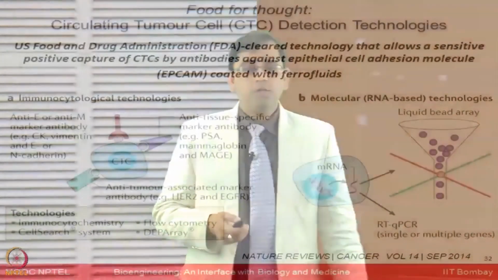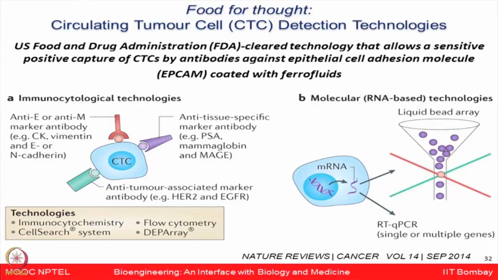I am showing you again from a review article two different approaches here. One is immunocytological technologies, and the second is molecular based technologies, in which, by looking at certain markers, some of the proteins found in these tumor cells and an antibody generated against them, this knowledge could be utilized to build devices which could detect circulating tumor cells ahead of time and much more accurately.